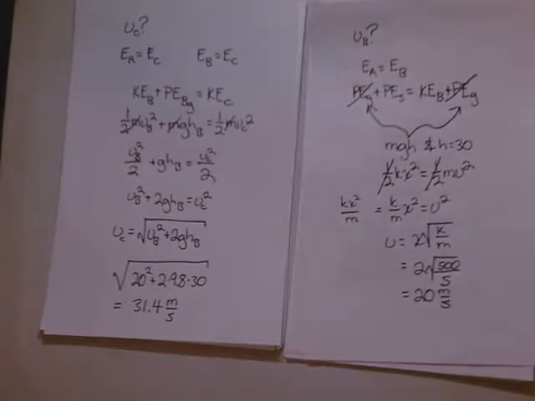The height at that particular point is 0. So that's why I didn't include it. I mean, I could, but I'd plug in an h of 0 and then it would go away.